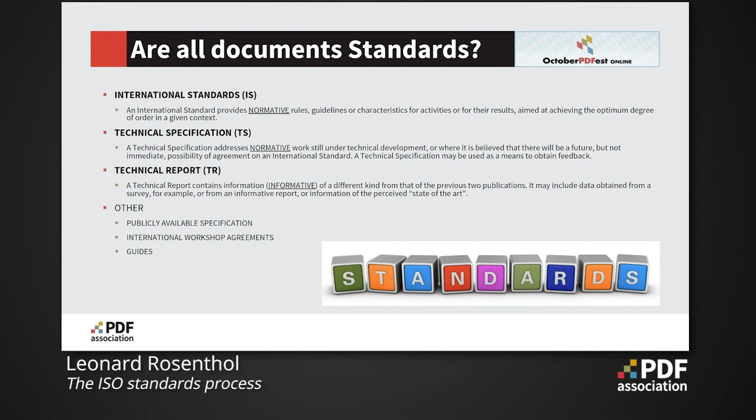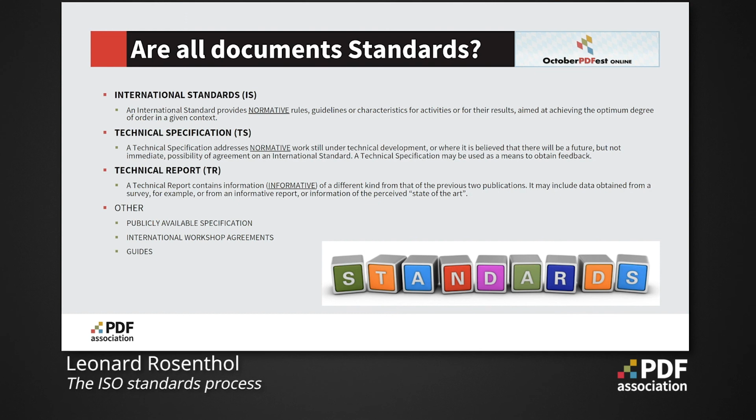But we also have the opportunity, and in fact, you're going to see shortly, where we're now starting to build more TSs. A TS, a technical specification, is also a normative work, but rather than being a final completed standard, it's a work in progress, if you will. It's a technical piece.